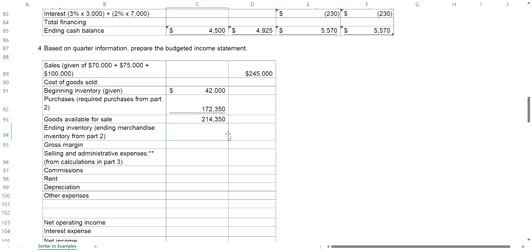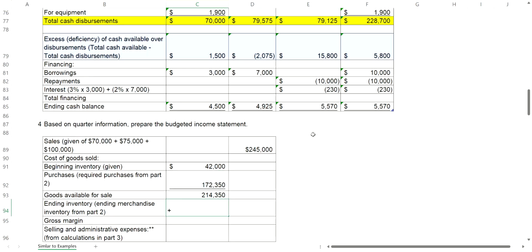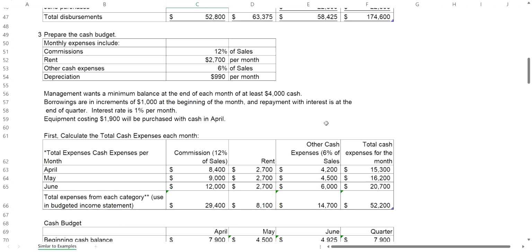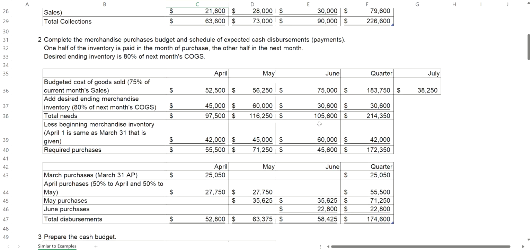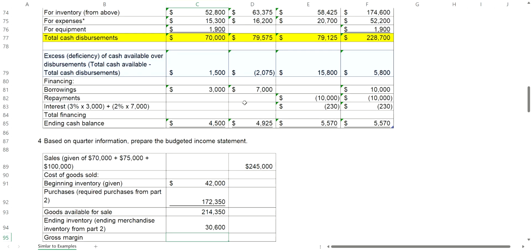However, I did have some in ending inventory. In other words, merchandise that I didn't sell. So I need to go back to part 2 and see what was the ending inventory on June 30th. And ending inventory on June 30th, the end of the quarter, was $30,600.